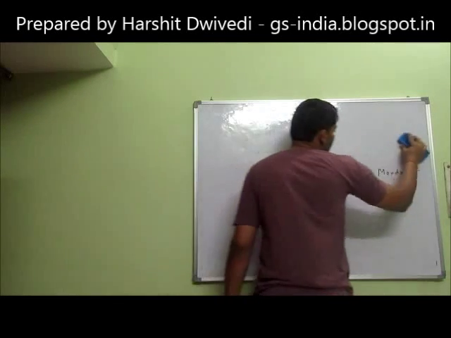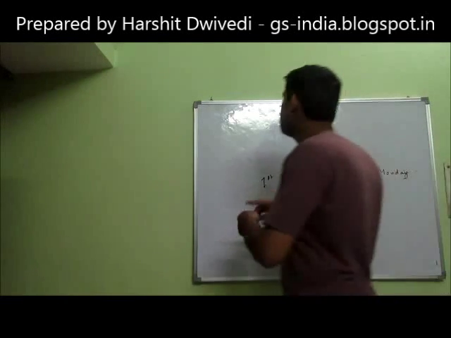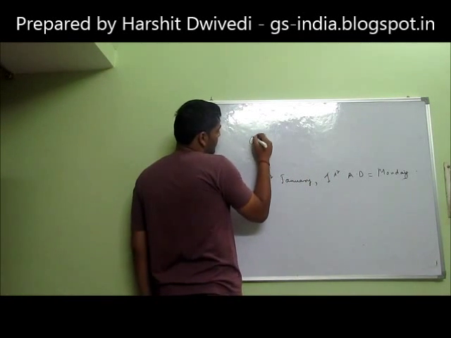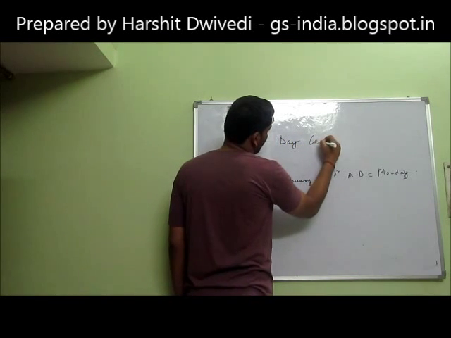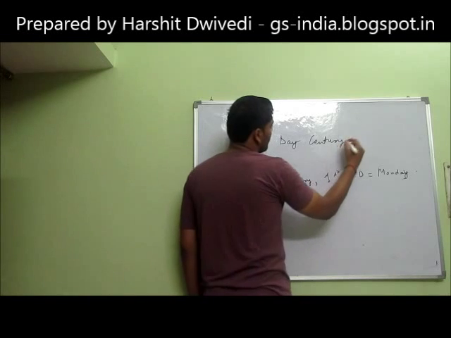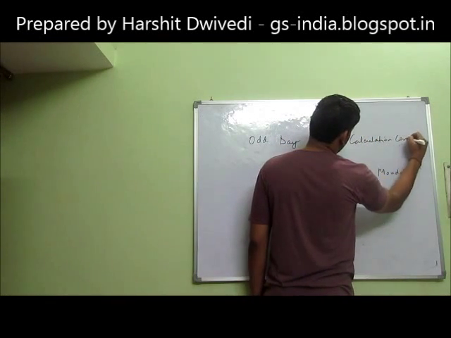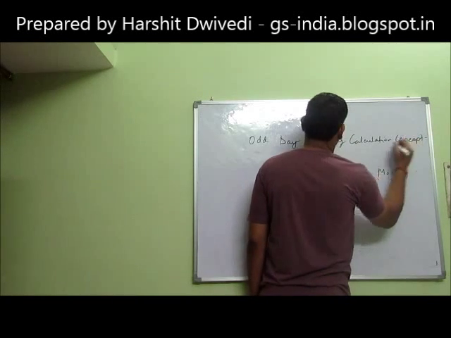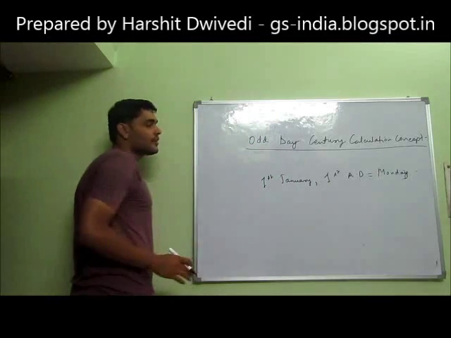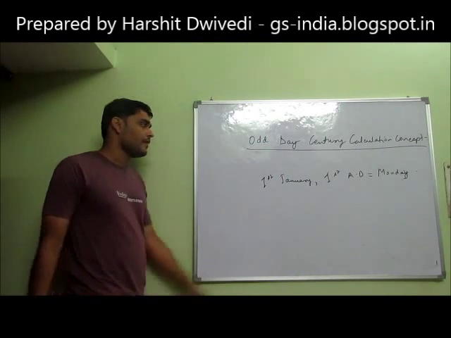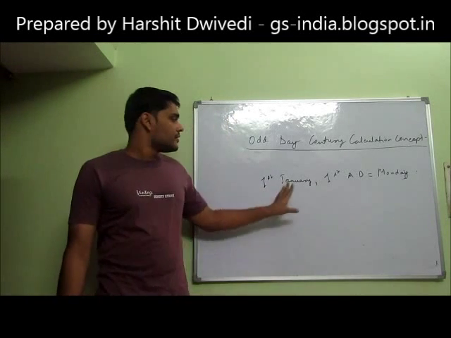After finishing this concept, which is termed the odd day century calculation concept, we will return to it. This is the terminology given to you. This is going to be 1st January, 1st AD, Monday. Please write it down in your copy. This is what I know.